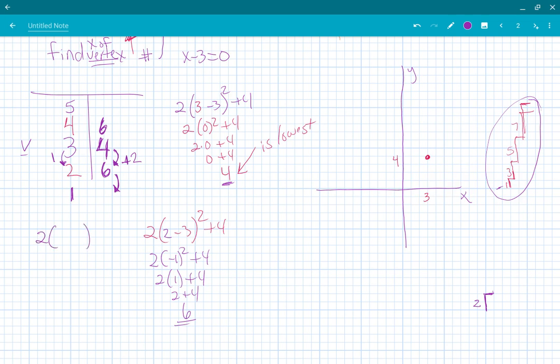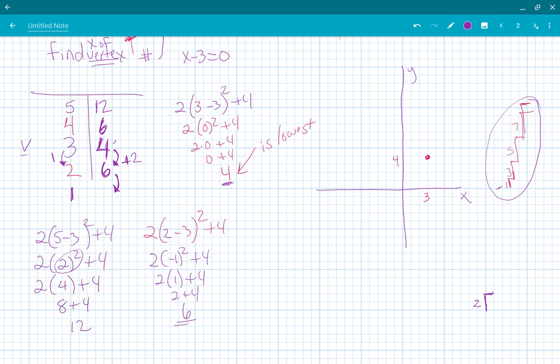All right, let's do 5. 5 minus 3 squared plus 4. This becomes 2 squared. What's 2 times 2? 4. 8. This is 12. So this is 12.